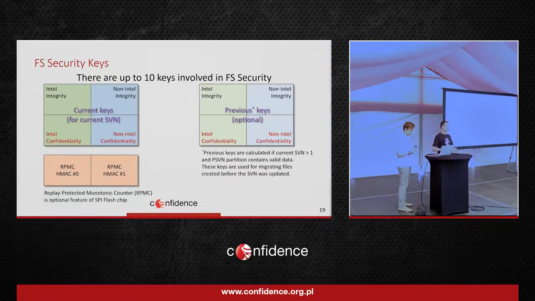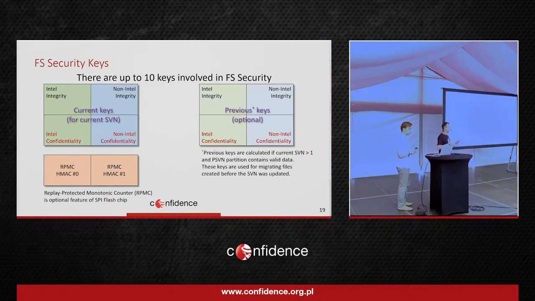And in the documentation you could find information that when such a situation happens, the new firmware will have a bigger SVN, security version number, than earlier, but the encryption key for the file system depends on the current security version number, so they need to hold the previous version and the current version in memory together, just to decrypt old data encrypted with old keys and re-encrypt it.